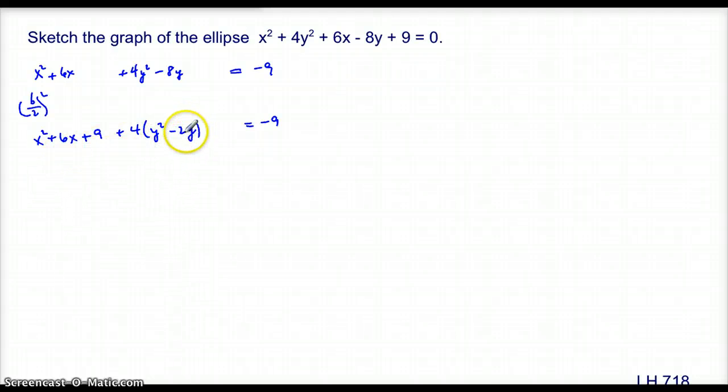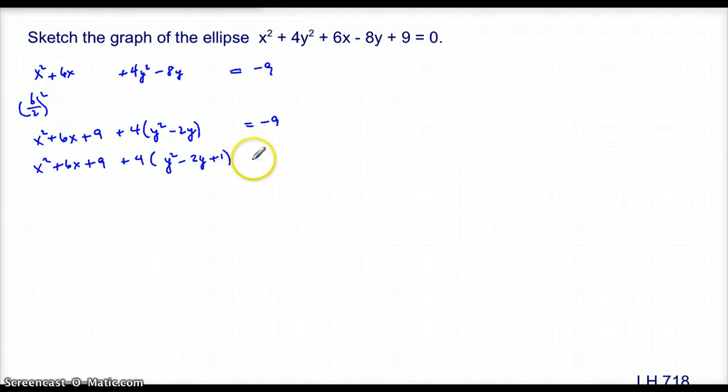Okay, so my b is negative 2. Negative 2 over 2 is negative 1. Negative 1 squared is 1. So let's rewrite this as x squared plus 6x plus 9 plus 4 times y squared minus 2y plus 1, equals negative 9.